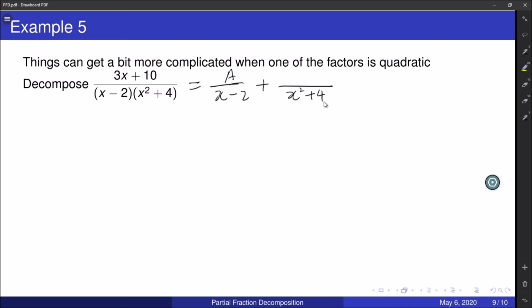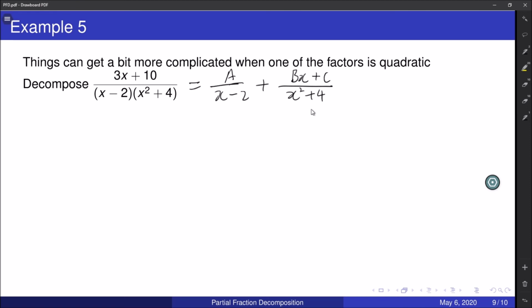So when a denominator has a degree of 2, 1 degree is lesser. So we can't just assume it's a constant term, and we actually have to begin with the assumption that this is a polynomial with 1 degree less than the denominator. So we use bx plus c instead of just b.